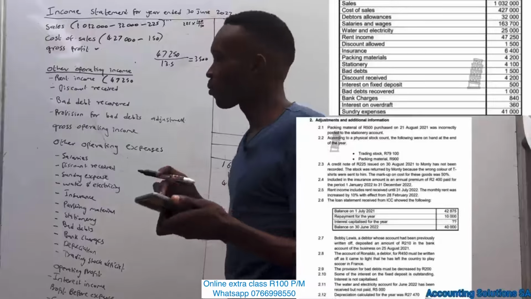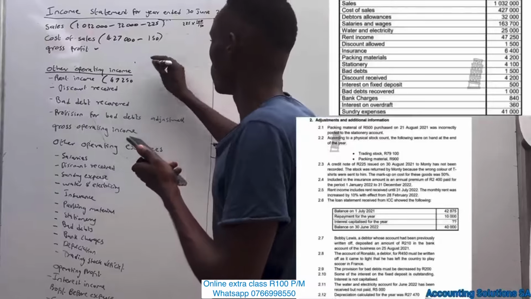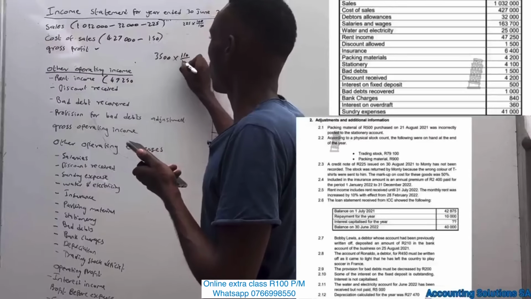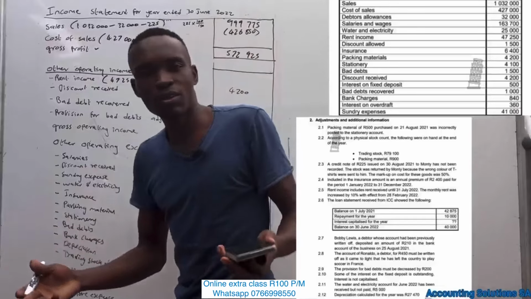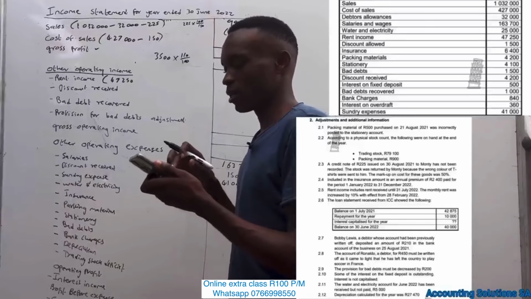And now you have to apply what? An increase. How do you apply an increase? Now it's very simple. 3,500 multiplied by 110 over 100. Or you can just say 10% first and you get the answer. Then you add it back again.